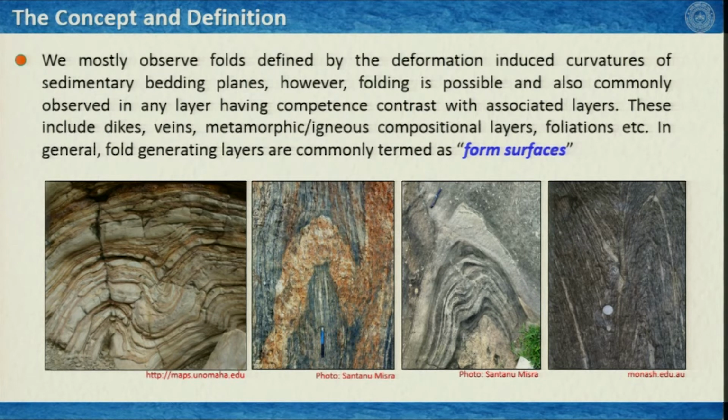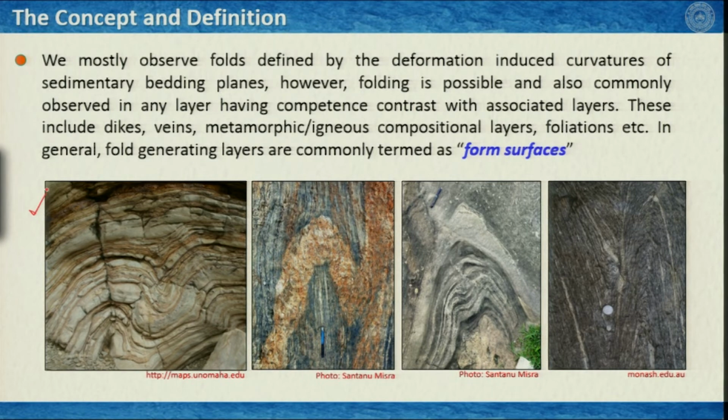So, to distinguish between the sedimentary layers and all these other planar features listed here in this slide, we generally term them form surfaces. Form surfaces are nothing but surfaces along which a fold can develop, or a surface that has the potential to develop a fold. So, you can see here are 4 images.